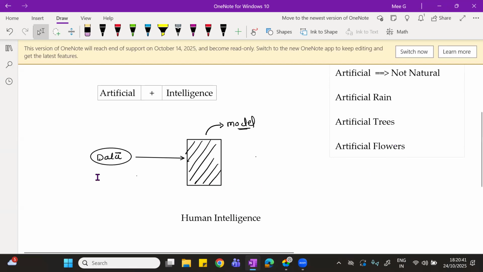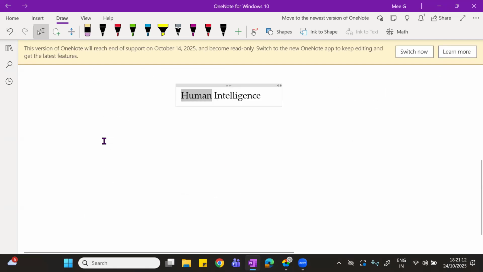In the same way, when we are creating artificial intelligence, the model should behave very close to humans. That is the purpose of artificial intelligence: providing intelligence artificially into machines so that they can behave like humans.